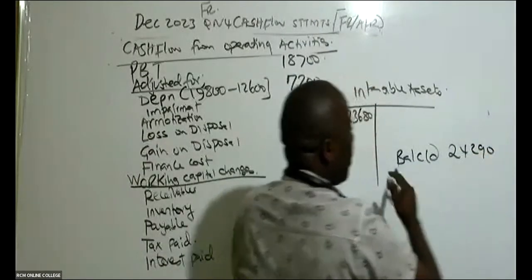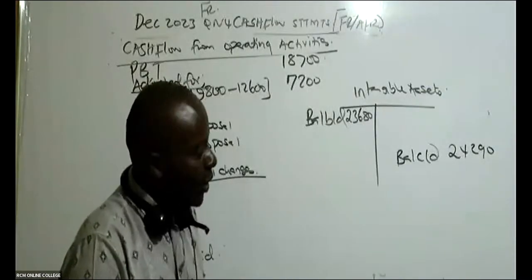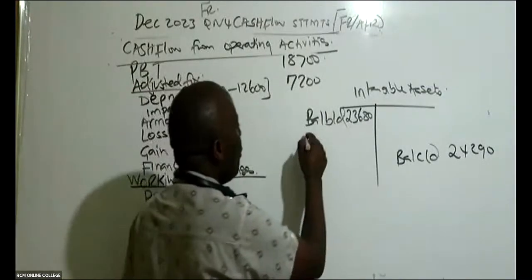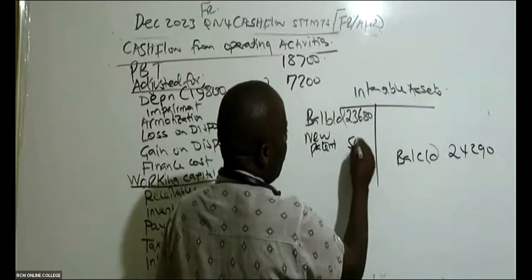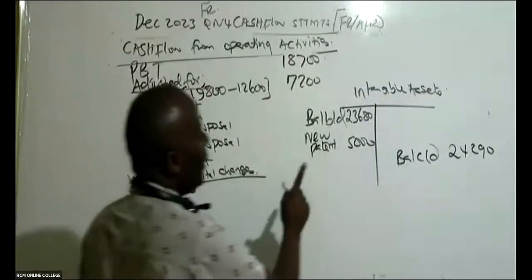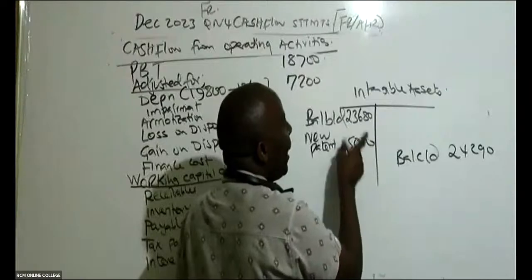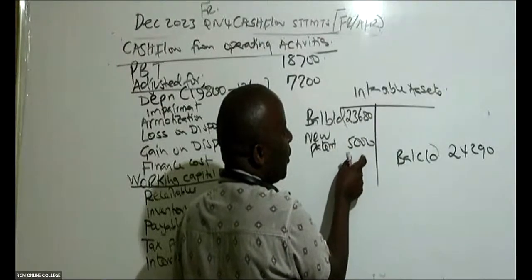Balance carried down is 24,290. And then I'm told within the year, we acquired a new patent, which in terms of thousands was 5,000. So you can see, ladies and gentlemen, by the end of the year my intangible assets should be 28,680.